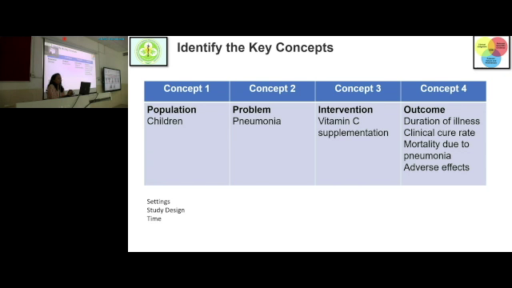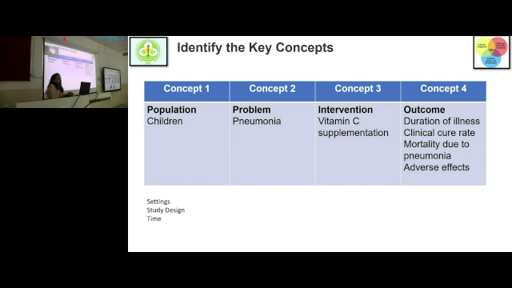But the concepts are different. Pneumonia is the problem and children is our population, so it should be put in a different concept. Concept 1 is children and concept 2 is pneumonia, that is the problem. Then concept 3 is vitamin C supplementation, and concept 4 is the outcome.